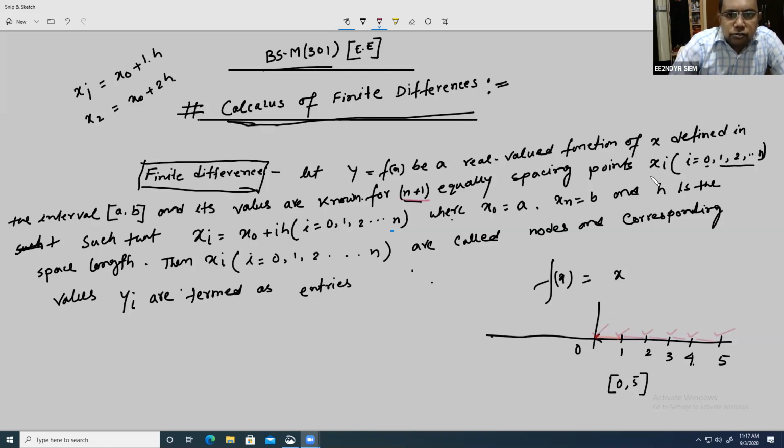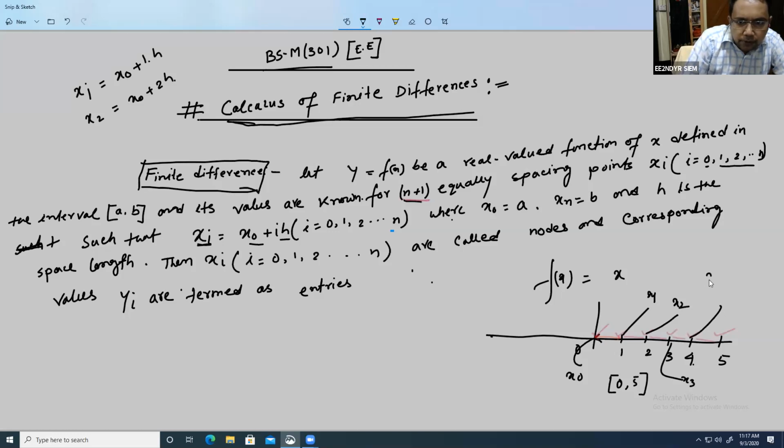So xi is equals to xi equal to 1, 2, 3, 4, 5, up to n, such that xi is equals to x0 plus ih. Now say this is my x0 point, this is my x1 point, this is my x2 point, this is my x3 point, this is my x4 point, and this is my x5 point.